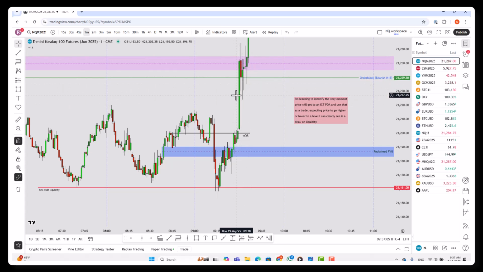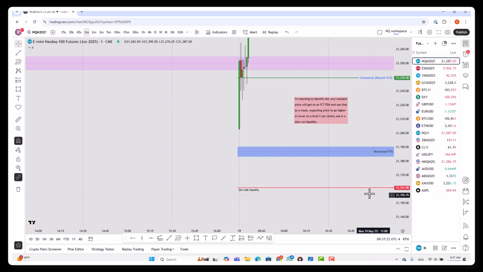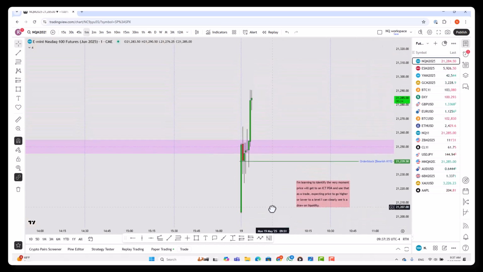This here is another fair value gap formed right on the 9:30 candle. So technically, that is a fair value gap that I will keep an eye on. And let me see, right here.